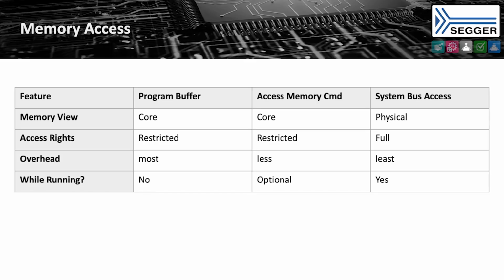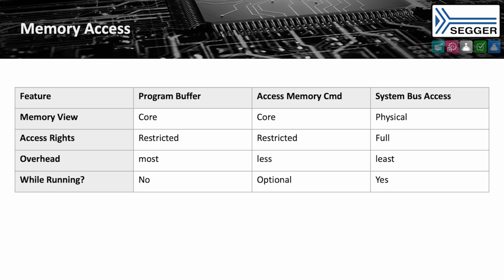So in comparison, all three options have advantages and use cases. Accessing memory through the program buffer and access memory command provides the same view and privileges as the core would have, and such access, for example, would respect caches and virtual addressing. System bus access instead uses physical addressing.